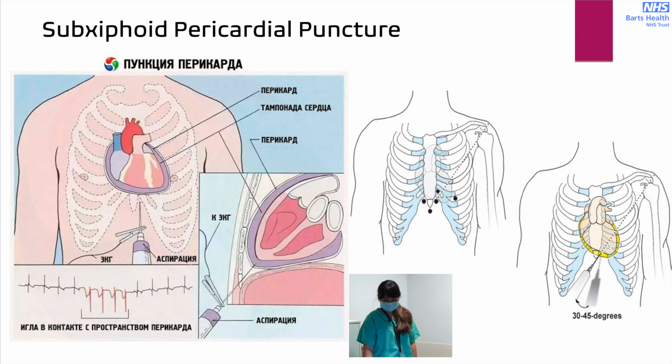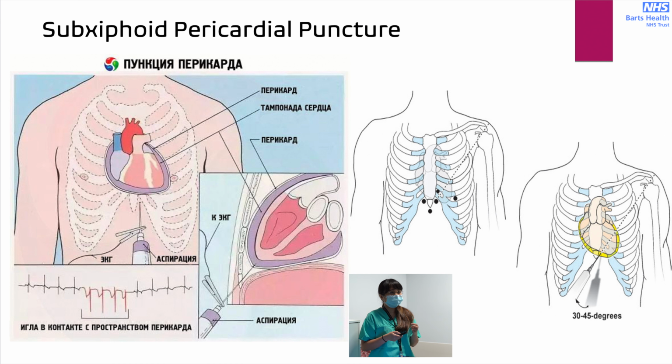Basically this technique is a blind puncture because X-ray doesn't really give you much idea where the pericardial cavity is. As you can appreciate in this photo, there's a very small margin between the pericardial layer and your right ventricle, so it is highly likely that you can puncture your RV.